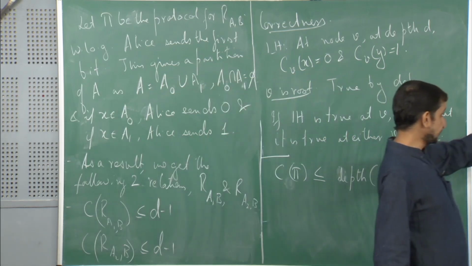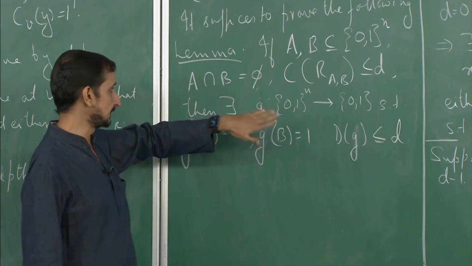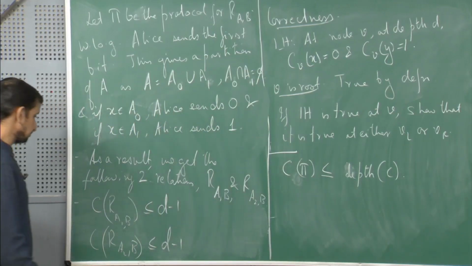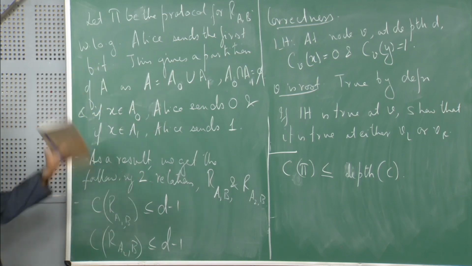What else can we say? Well, we have to make sure that the hypothesis is satisfied. So this part is satisfied. A and B are of course subsets of 0 1 to the power n.